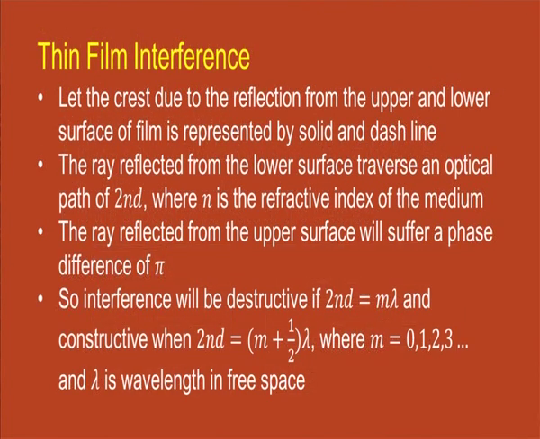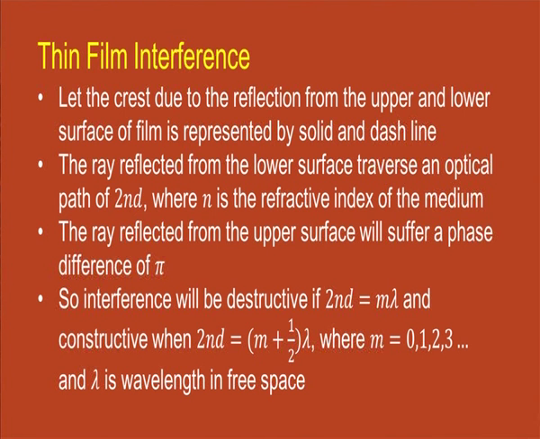Let the crests due to the reflection from the upper and lower surface of the film be represented by solid and dashed lines. The ray reflected from the lower surface traverses an optical path of 2nd, where n is the refractive index of the medium.